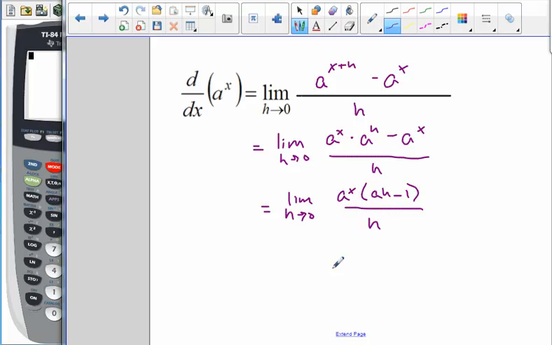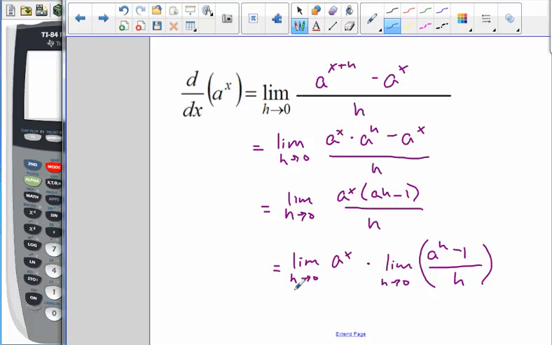And then in my next step, I'm going to write this as two separate limits. The limit as h approaches 0 of a to the x times the limit as h approaches 0 of the rest of it, a to the h minus 1 all over h. And these are the same because if I multiplied a to the x times this, I would get what's right up here.